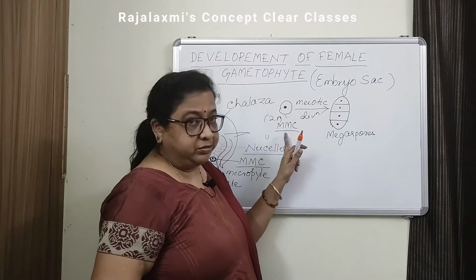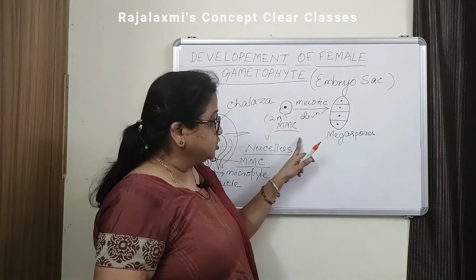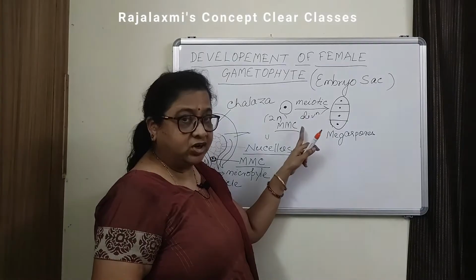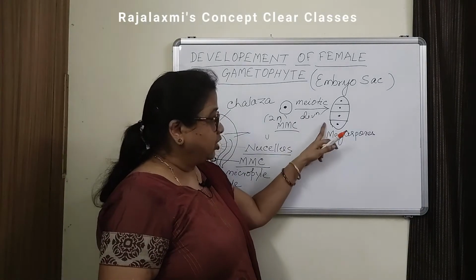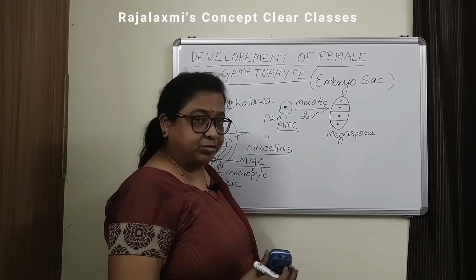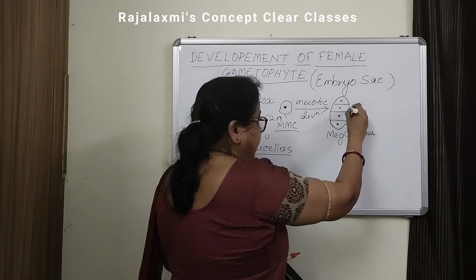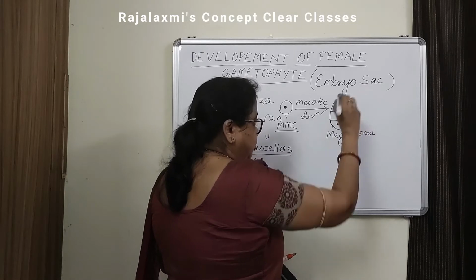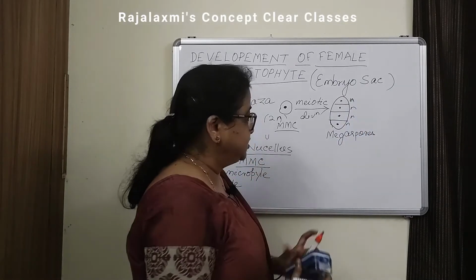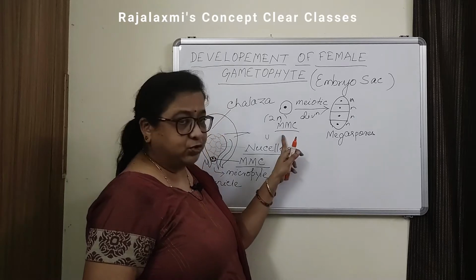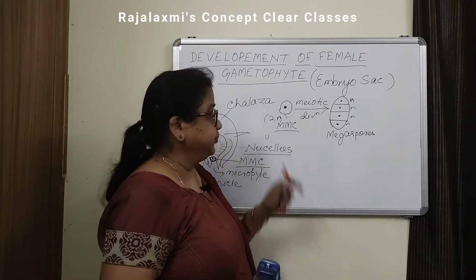As the megaspore mother cell undergoes meiotic division or reductional division, all these megaspores are haploid in structure. So all these have haploid or n number of chromosomes. So megaspore is haploid, whereas megaspore mother cell is diploid.